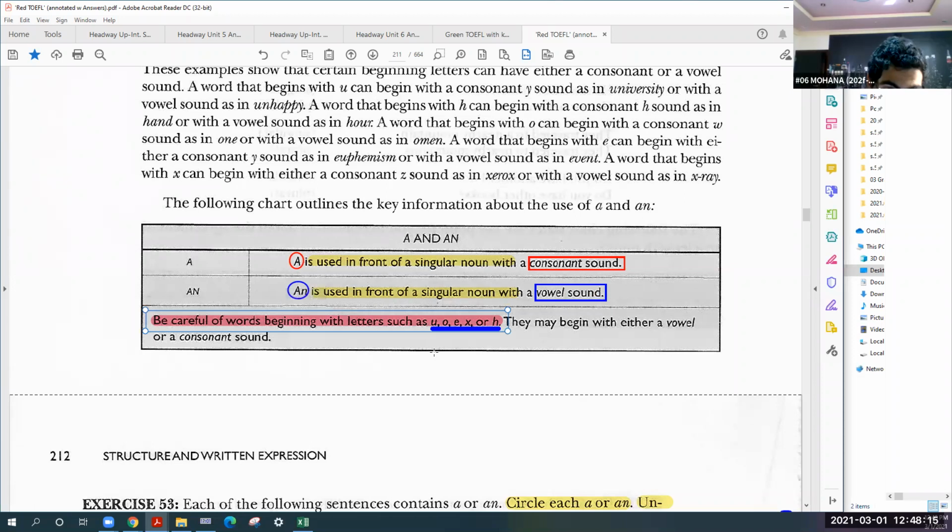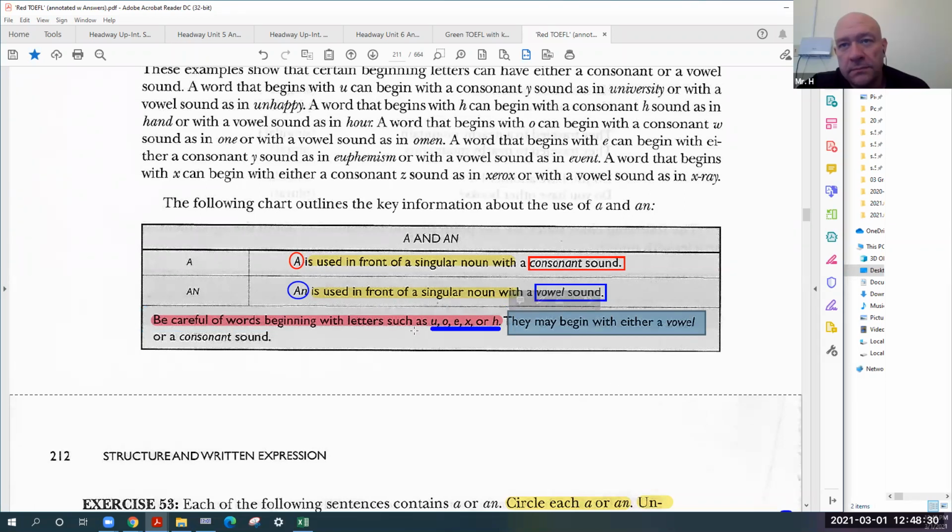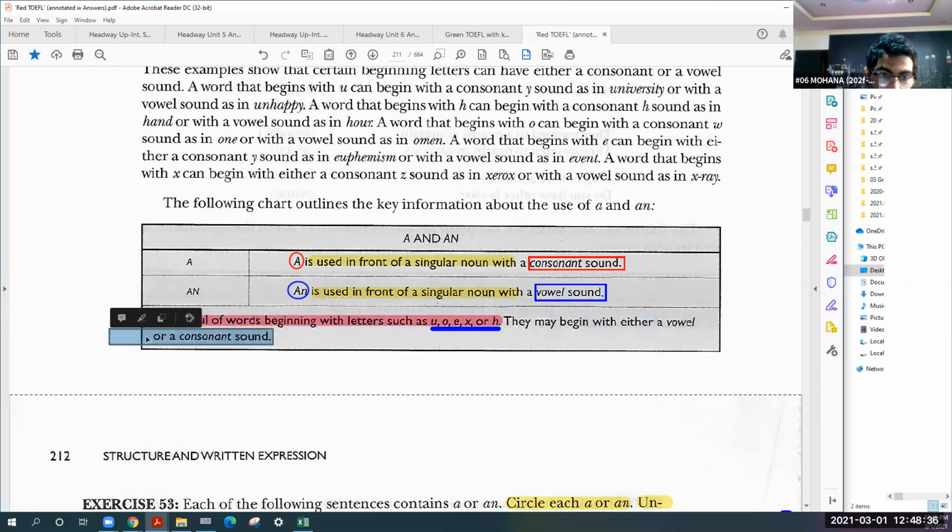Mohana, you read this. Be careful of words that begin with letters such as U, O, E, X, or H. Why? They may begin with either a vowel or a consonant sound.